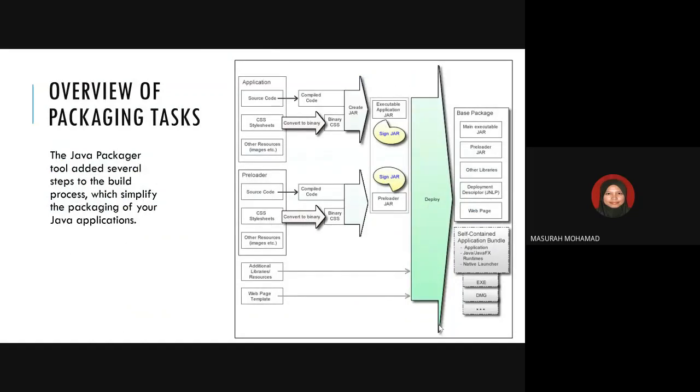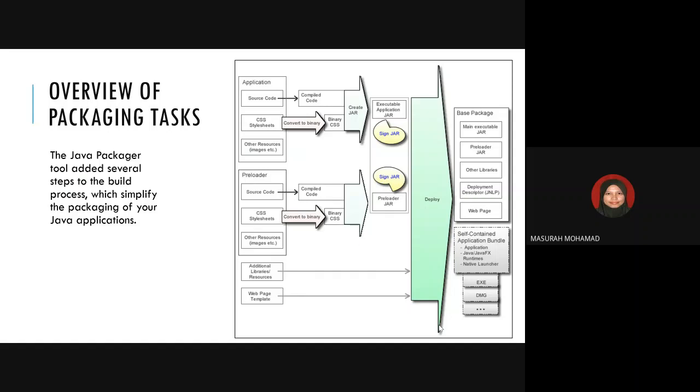So how do the environment tools do the packaging process? The Java Packager 2 added several steps to the build process, which simplify the packaging of your Java application. So the Java Packager tools are required to do the packaging task.